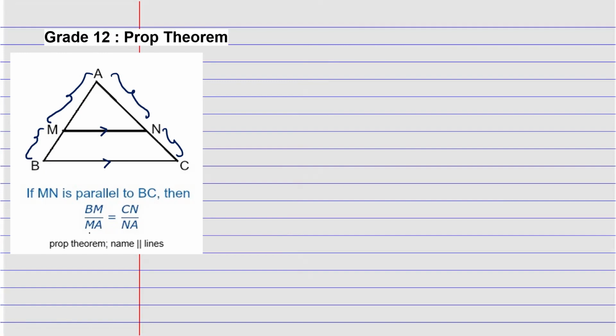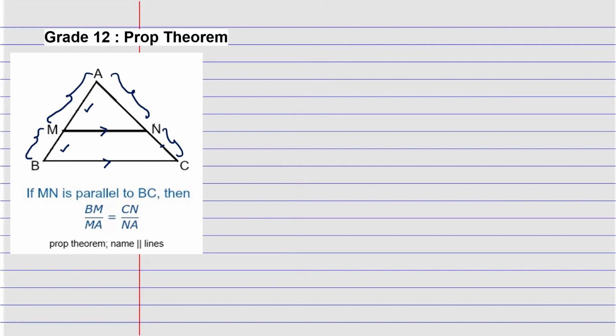So it's going to be BM, which is this one, divided by MA, which is this one, equals what? We need to link it up. We started with BM. Which one is related to BM? It's this one, so it equals 2CN divided by NA.